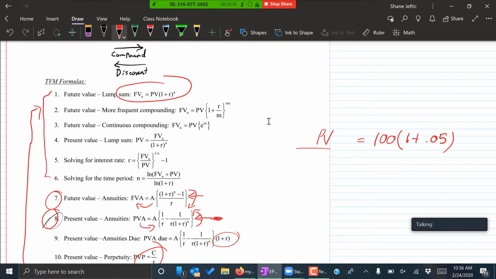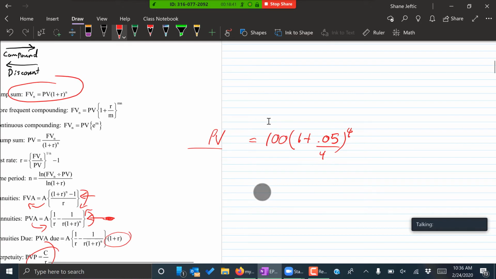There's going to be 4 periods in the year, and it's 1 year, so there's going to be 4 total. But then you also have to, don't forget to divide the rate out. That's something that I always forget to do. It's easy to change n on here but forget to change the i over y thing. Because if you make one higher, you have to divide the other one down, or else it will give you a way higher or lower number than is true to the situation.